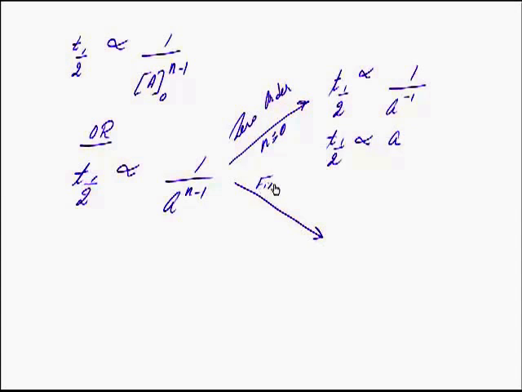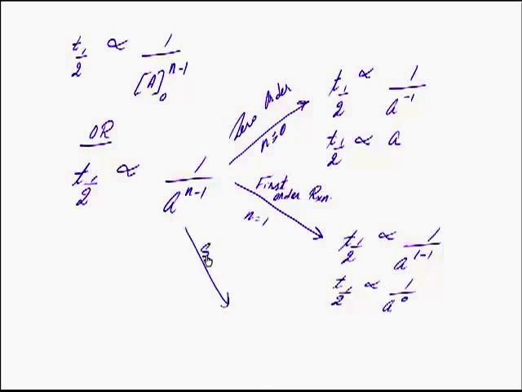For a first order reaction, n is equal to 1, and as a consequence t half is proportional to a raised to 1 minus 1, which is proportional to a raised to 0, and a raised to 0 will be 1, and therefore t half does not depend on the initial concentration of the reactant at all.